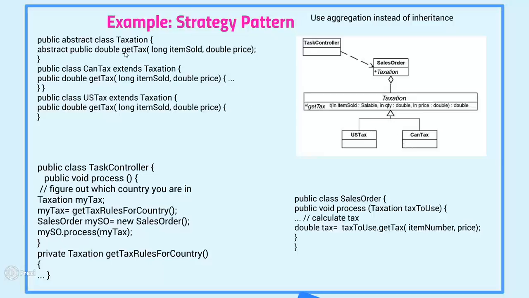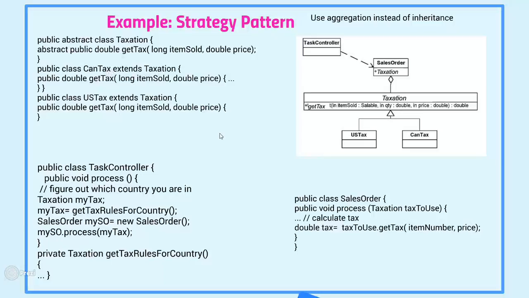You can see in this code that we have the abstract class taxation. We have the get tax method that is abstract, and the Canadian tax extends this abstract taxation class, and the US tax also extends taxation.